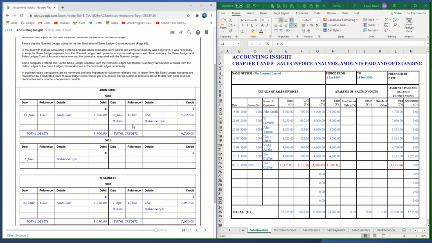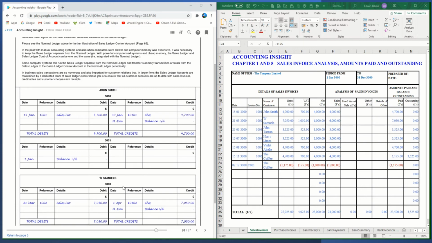So we say, okay, John's account goes down by 4,700. Then you get the balance to carry down is 0 because the debits and the credits equal. There's nothing to carry down. So his balance brought forward or brought down here is 0.